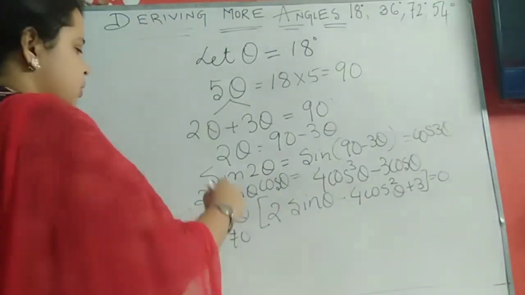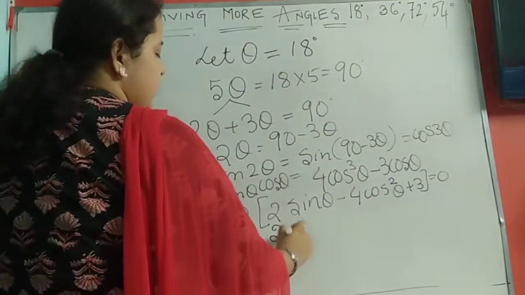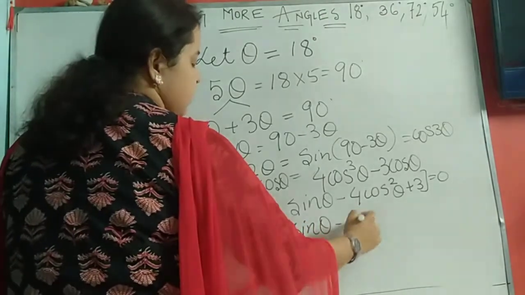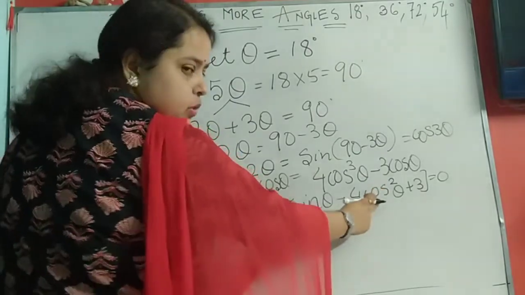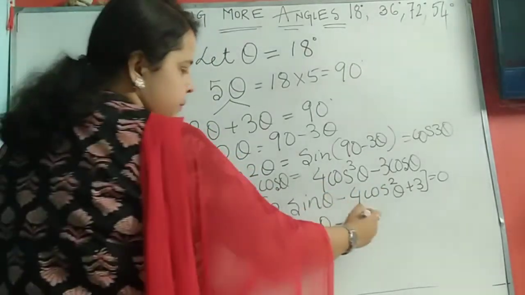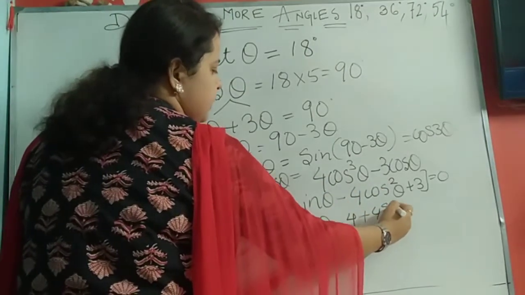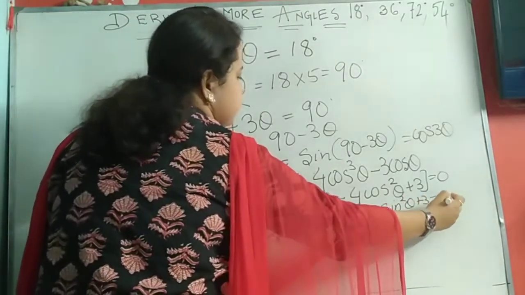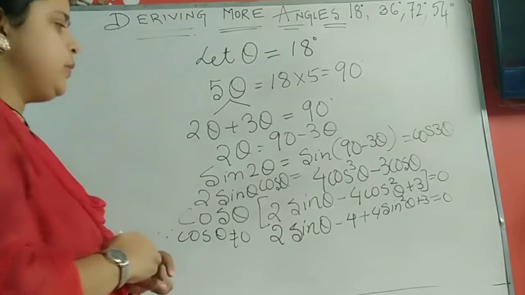So I am going to make a quadratic polynomial. Say it is 1 minus sine square theta. So minus 4 plus 4 sine square theta, because minus minus becomes plus, that is going to become 0.